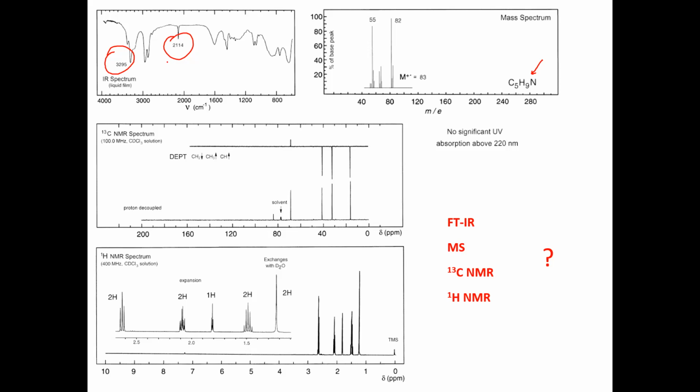Any idea what the one at 2100 on the IR should be? It's an alkyne. Could it be an alkyne at least? How many unsaturations are on one alkyne? 2. How many unsaturations do you need to put? 2. You don't have any other unsaturations.